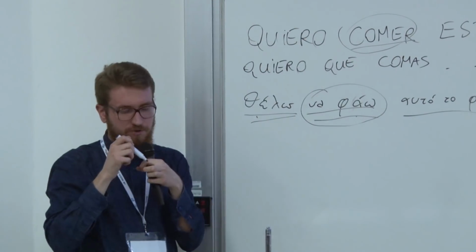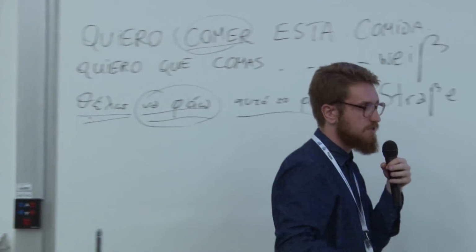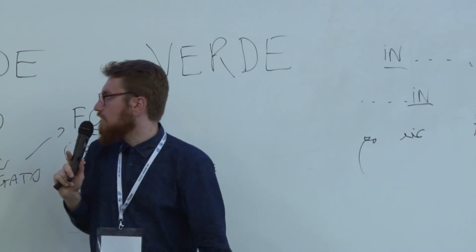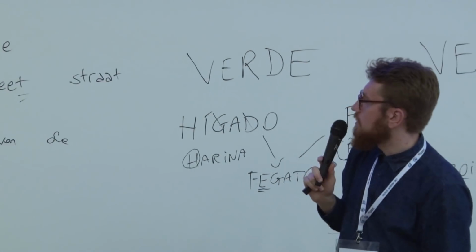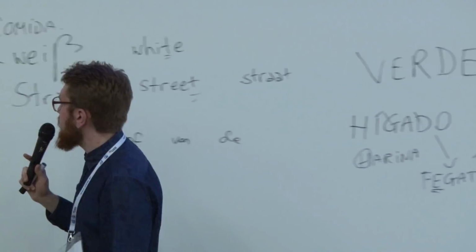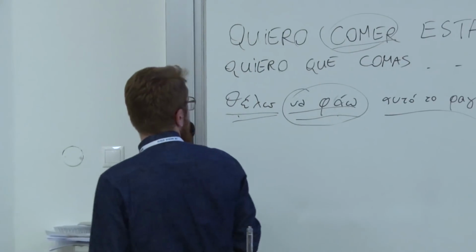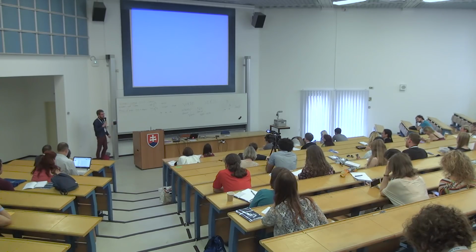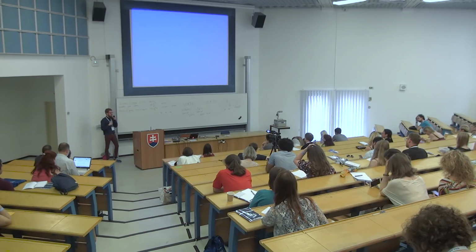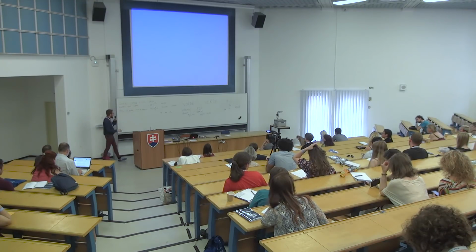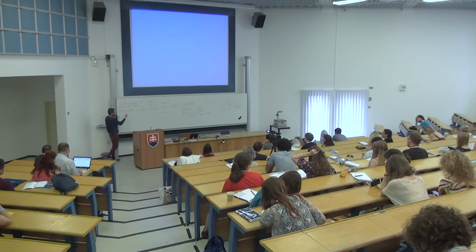So I want that I eat this food. And the same thing happens in Persian. I won't write it down because there's no time for that. So then you say میخواهم این غذا را بخورم. So it's the same thing. At the end there's بخورم, which means that I eat something. And the same thing happens, so there's no infinitive after modal verbs.